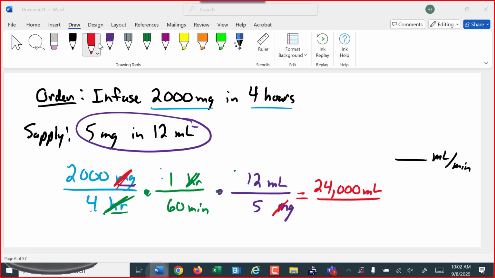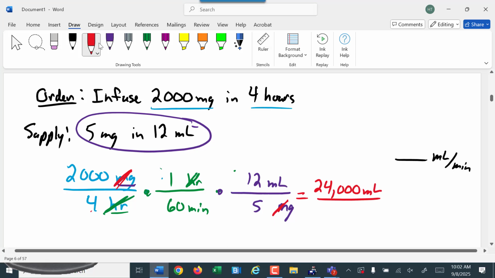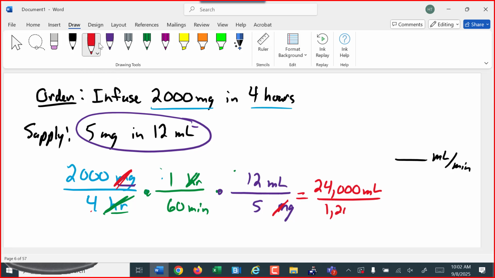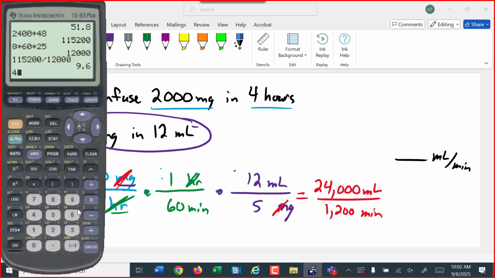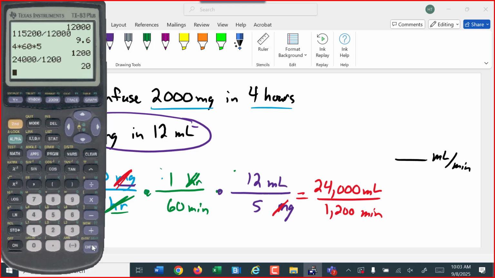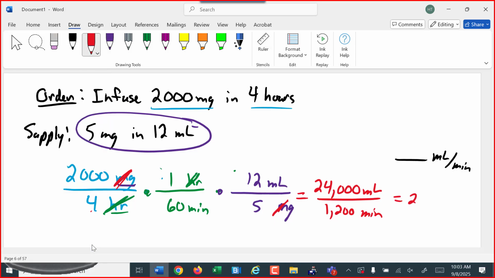On bottom, 4 times 60 times 5, which is, I believe, 1,200 minutes. I'm going to double check myself there because it's Monday morning. It is. And so we'll do the 24,000 divided by 1,200 to get 20 milliliters per minute.